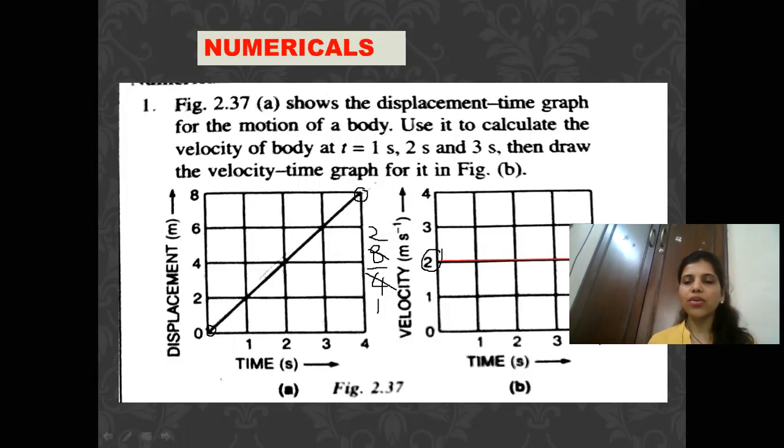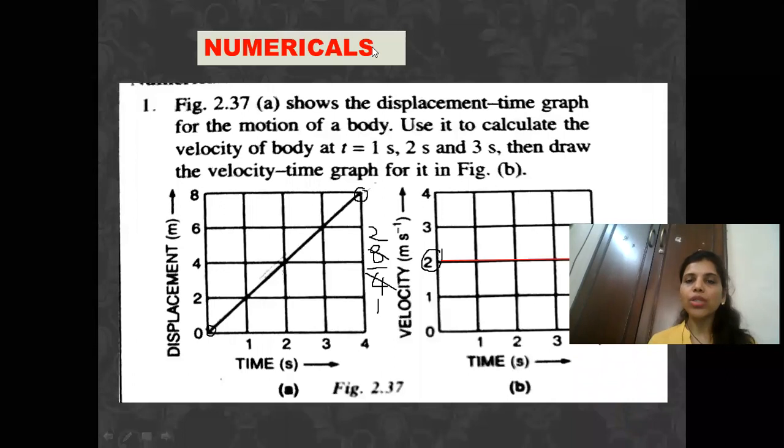I'm using red so that it will be visible to you. So this is how the displacement time graph is converted to a velocity time graph when the body is moving with uniform velocity. I hope everything is clear. Now we go to the next part.